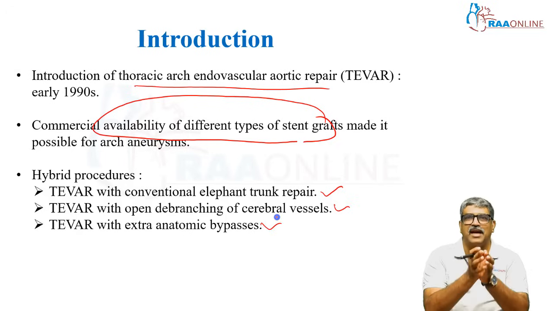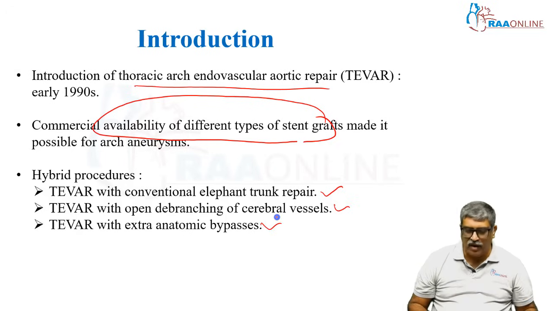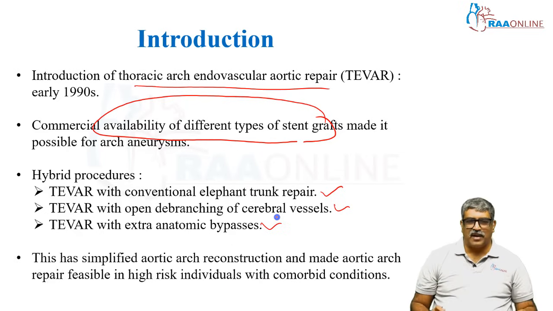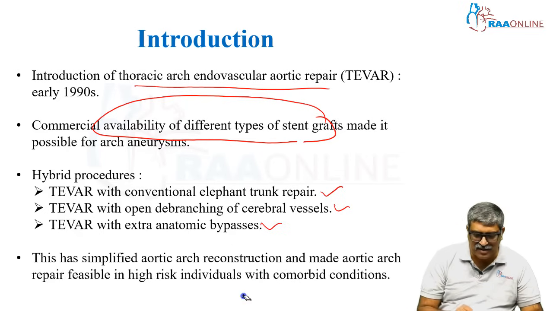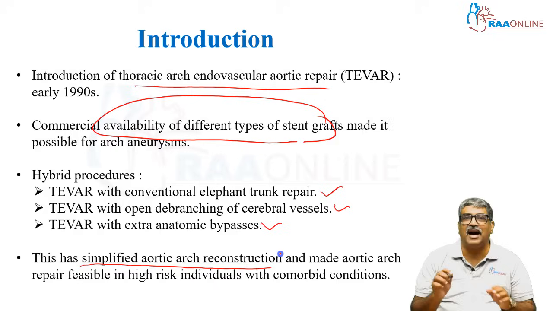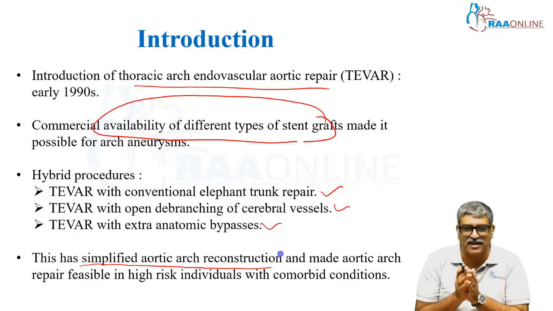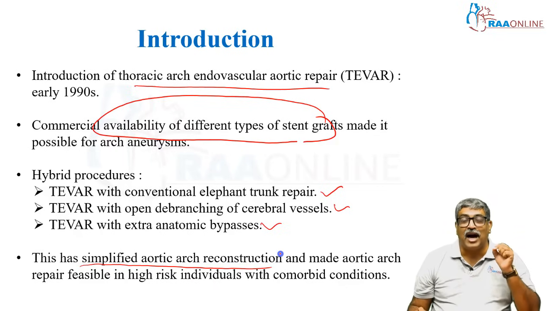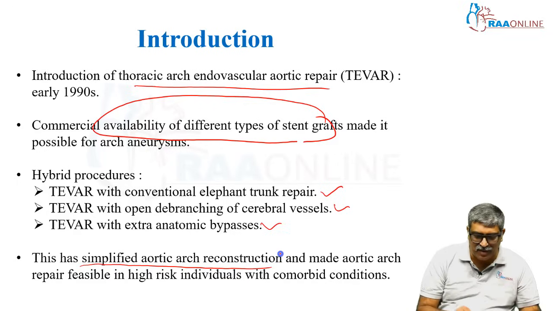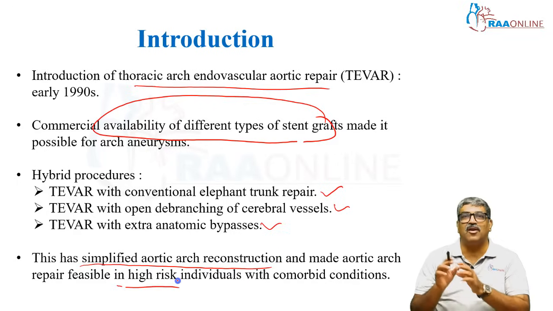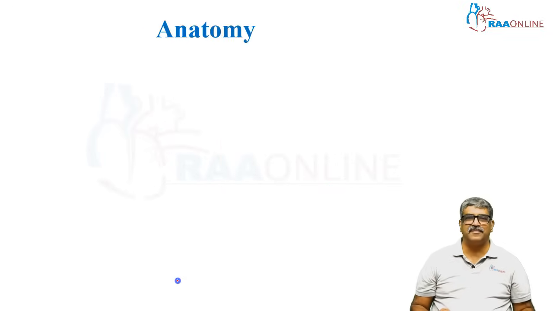These are all the various hybrid procedures which can be done for the aortic arch, and these hybrid procedures have simplified the aortic arch reconstruction and made aortic arch repair feasible in high risk patients with a lot of comorbidities.